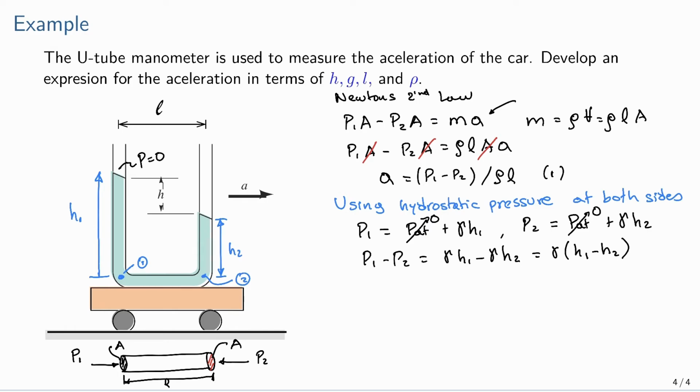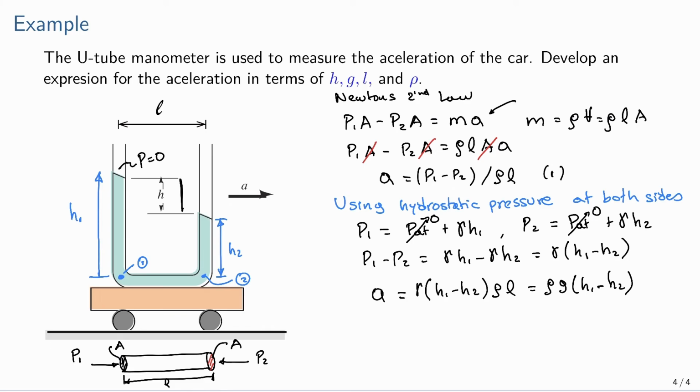And replacing in equation 1, we have that the acceleration is equal to gamma multiplied by H1 minus H2 and divided by rho L. Now gamma is equal to rho multiplied by the gravity, and we are dividing by the density, so we have rho multiplied by the gravity, H1 minus H2, and H1 minus H2 is H according to the drawing.